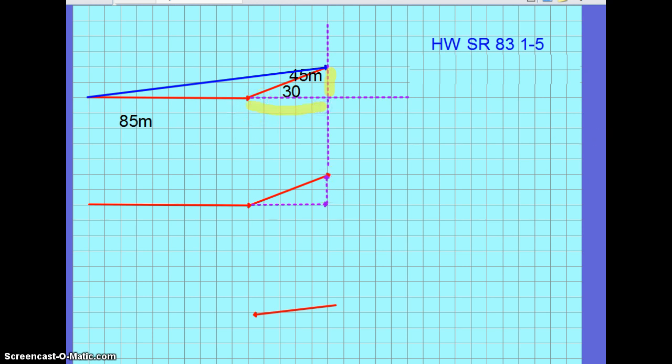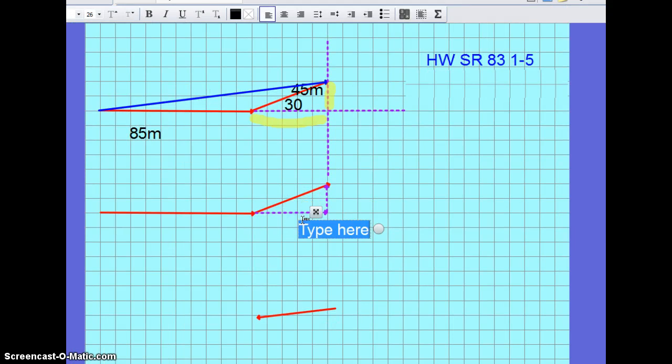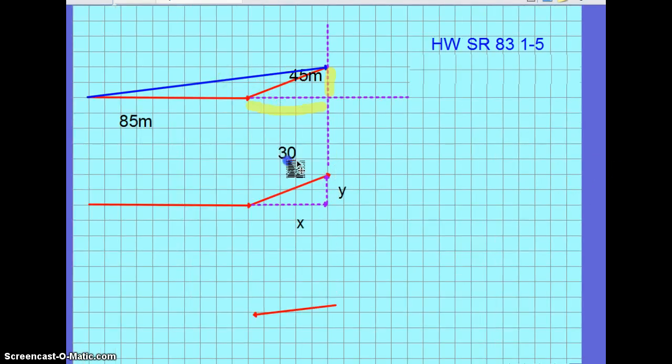If we just call these simply x and y, we can solve for those by using sine and cosine. So if I put my 30 degrees right here where it goes, put the 45 right there, using sine and cosine, we would say 45 meters times the cosine of 30 degrees.